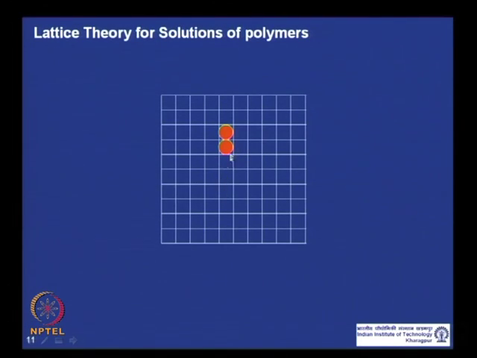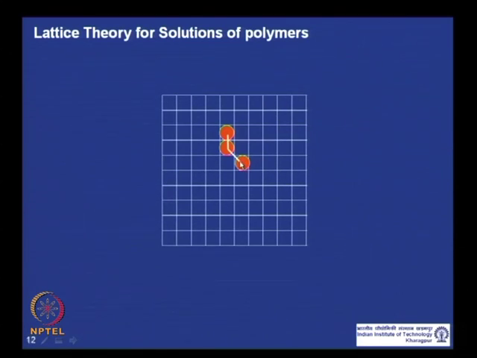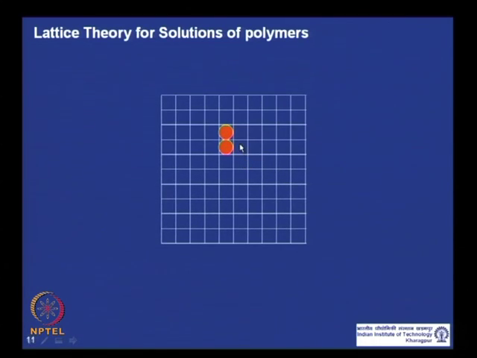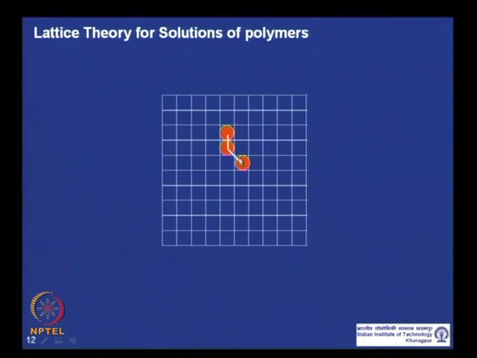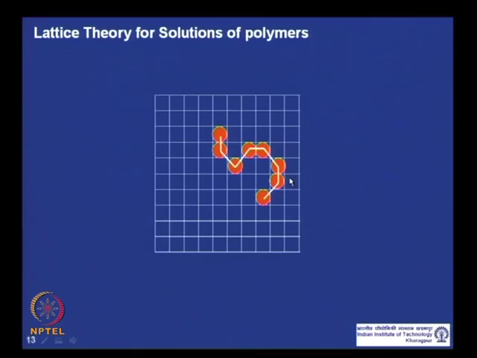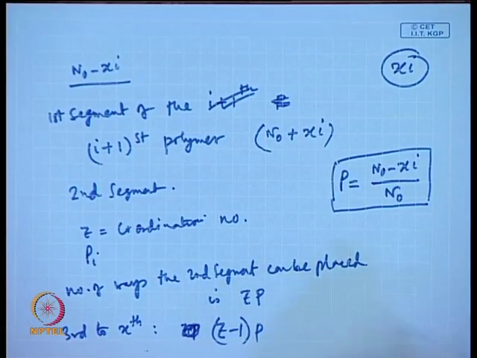If I place the third here, I can place it here, here, here, but one of these is already blocked, so I cannot place it there. So it has to be Z minus 1, and the fourth one again Z minus 1. That is what you have to remember: Z minus 1 P.